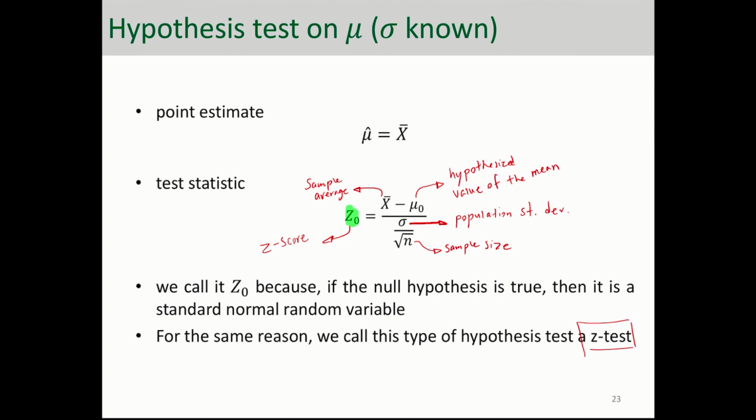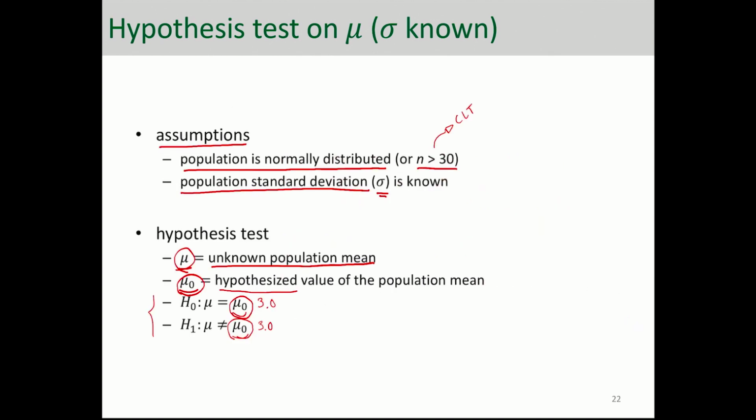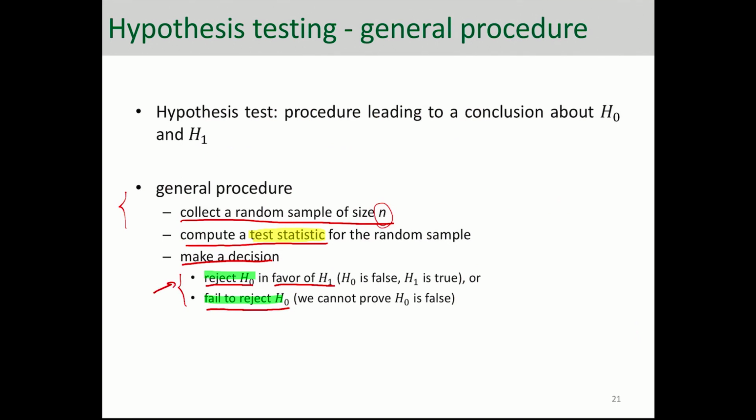So we also refer to this test as a z-test because the test stat is standard normal. But in any way, we come out with an outcome of the hypothesis test. Let me remind you, we either reject the null hypothesis or fail to reject, right?